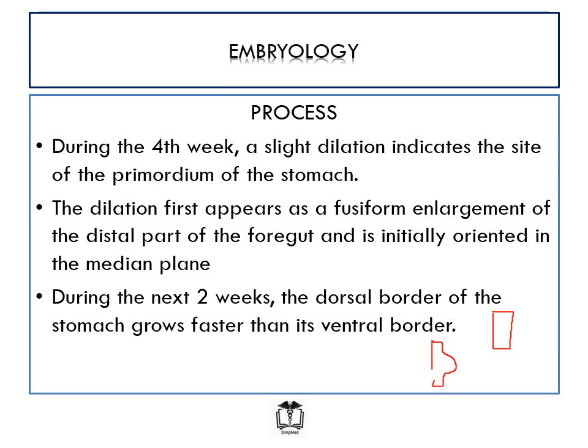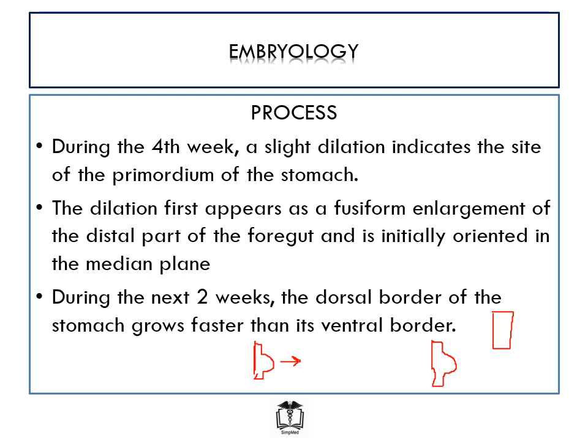That outpouching is the primordium of the stomach, found at the distal aspect of the foregut, and it is initially oriented in a median plane. Subsequently, the dorsal border of the stomach will start to grow. What I mean is that the part that is pointing backward will keep on growing larger and larger, more posteriorly.